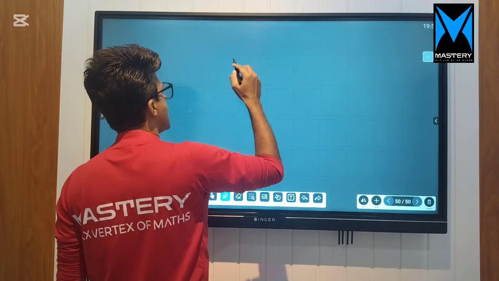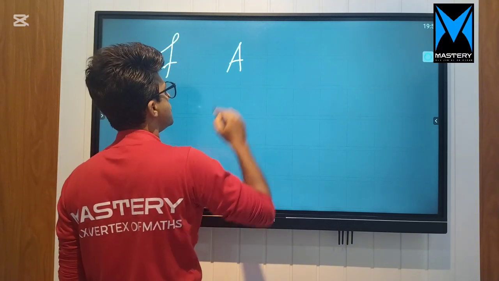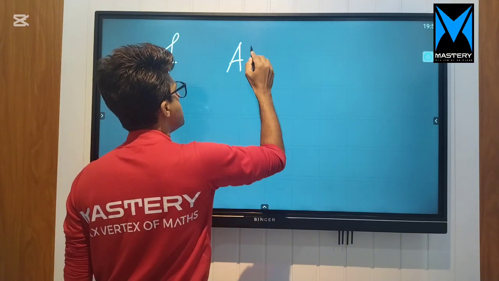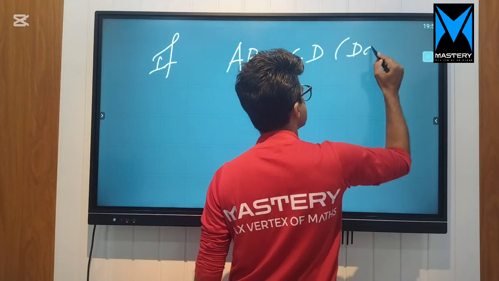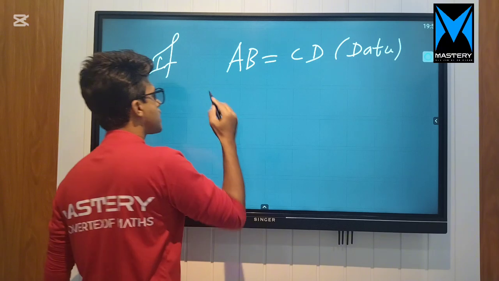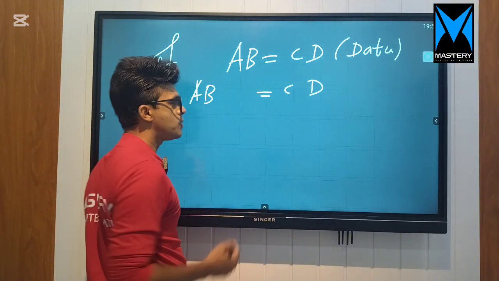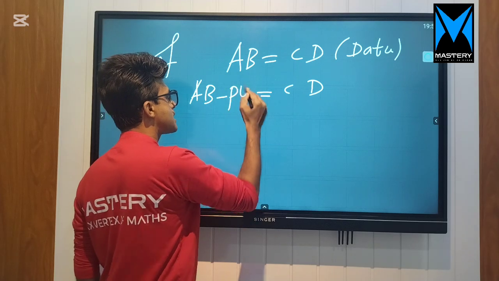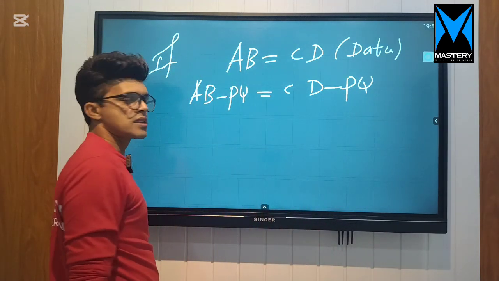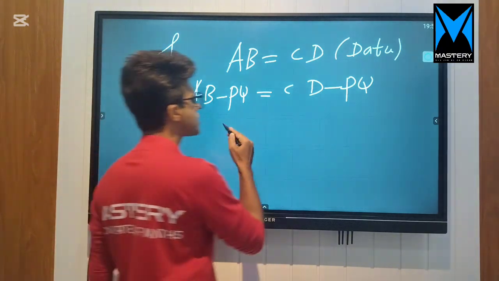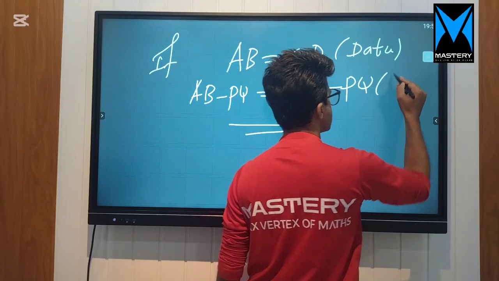So if it is given that AB equals CD, then when you subtract PQ from both sides, which may not be familiar to you, try to understand it using what was taught previously. The answer is AB minus PQ equals CD minus PQ. This is the third axiom.